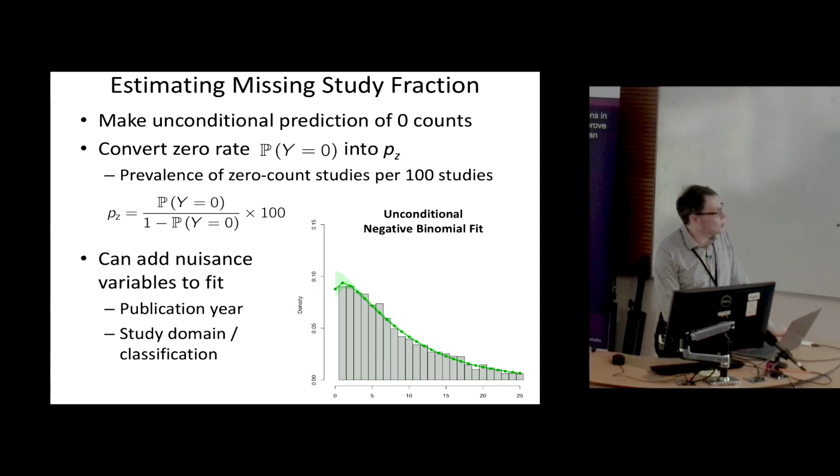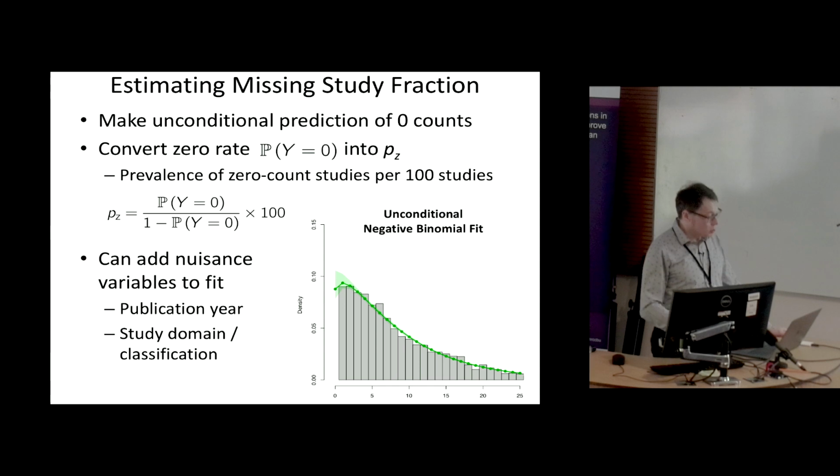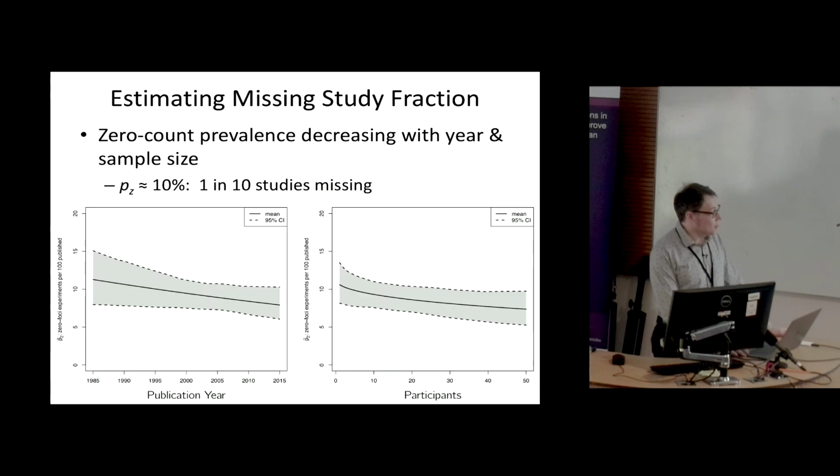What was more interesting is, what is the zero count prevalence of studies per 100 studies? So for every 100 studies I observe, how many zero count studies are there out there that I did not observe? And that's a simple transformation of this probability of y being zero. So the rest of the results I'll show you are all about PZ: the rate per 100 of studies that should be out there, but are not because we haven't seen them.